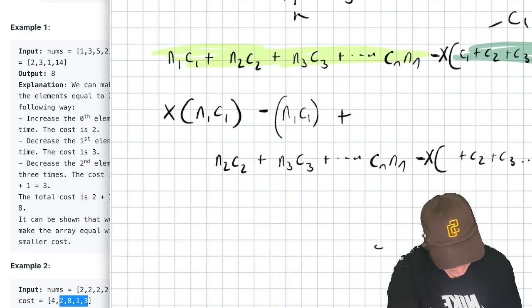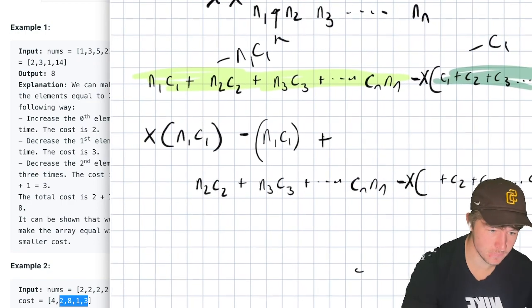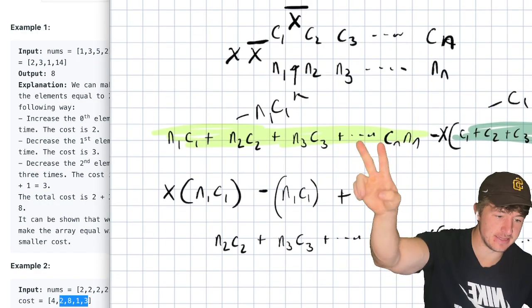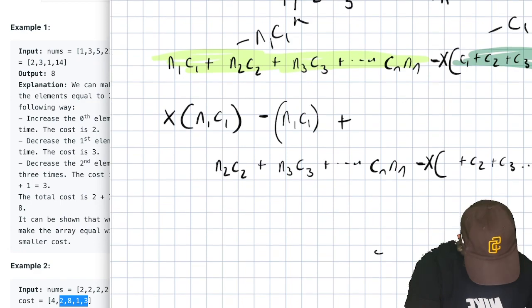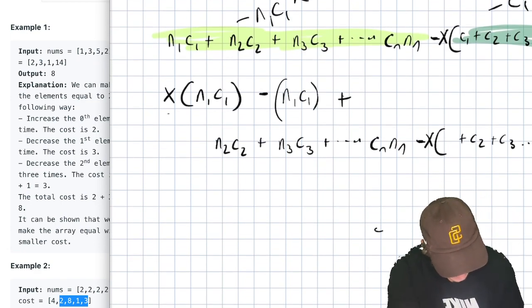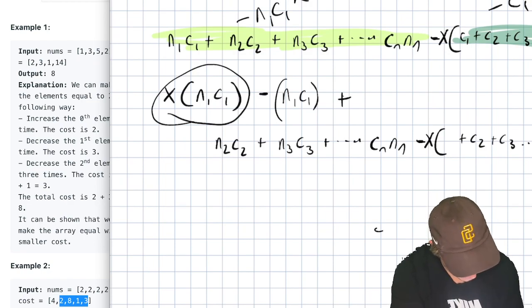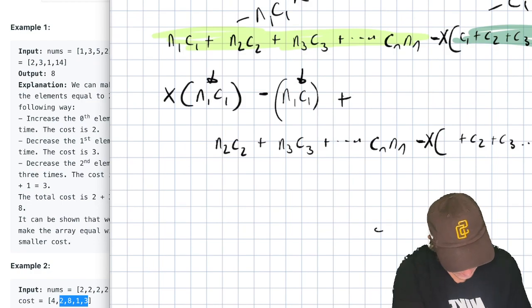I removed N1C1 from this sum. But I'm trying to say what I have to do here to make this sum into this sum. And that's what's going to give us efficiency. Okay, I promise. All right. And then I added in XNC1. So I added N1C1 to this sum. And I added N1C1 to this sum.